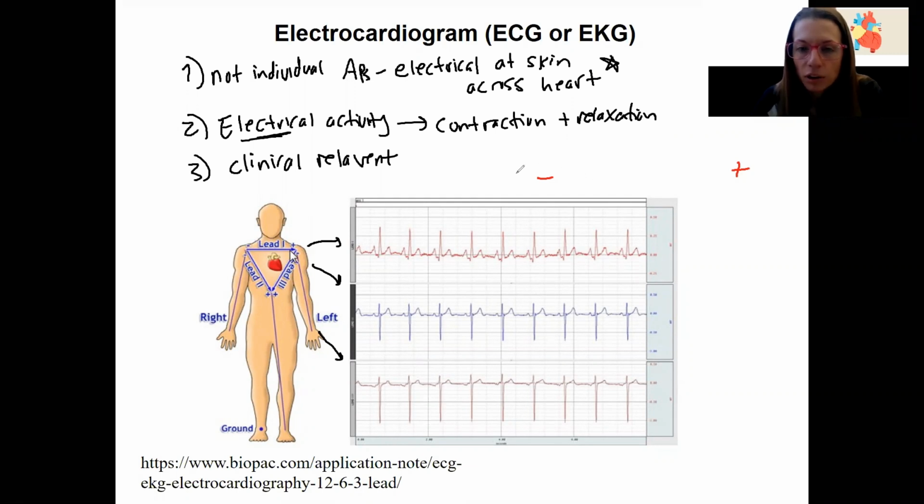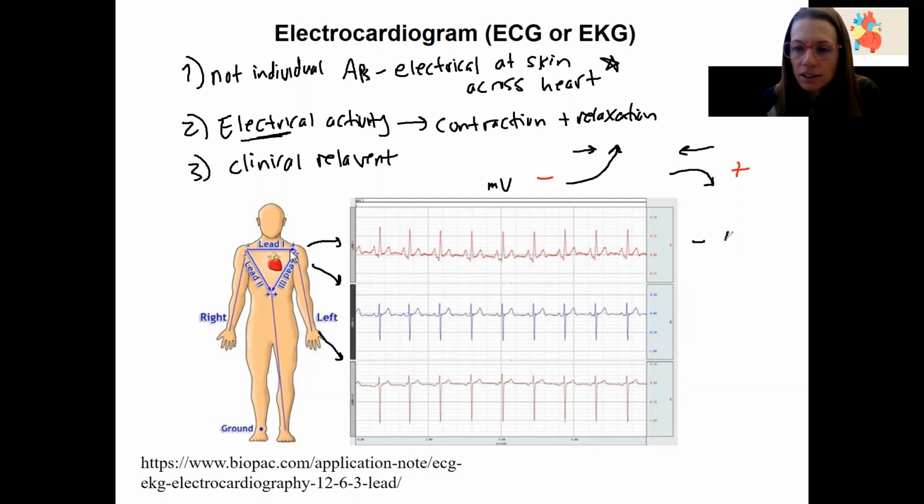So we're going to look at millivolts because that's how we measure electricity, even if it's not the same units as the action potential. If we're going towards a positive, this signal is going to go up. If there's a signal moving across the heart going the other way, that signal is going to go down.